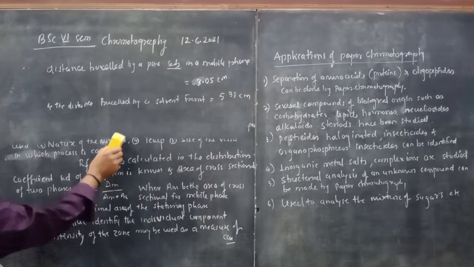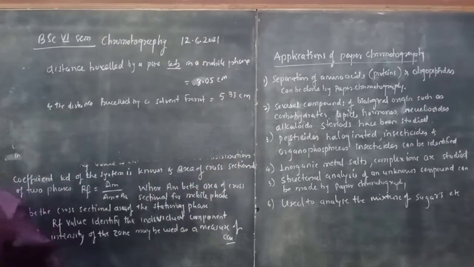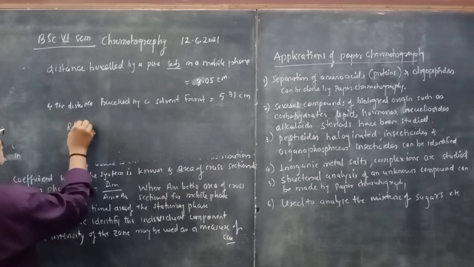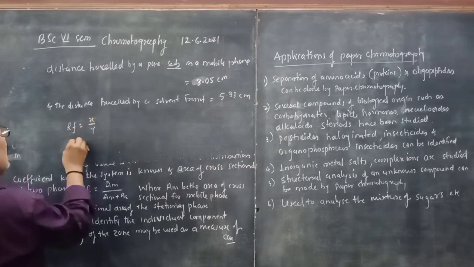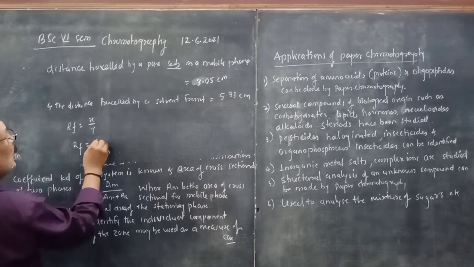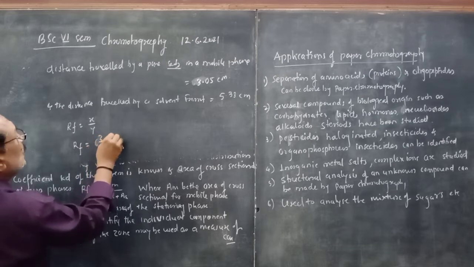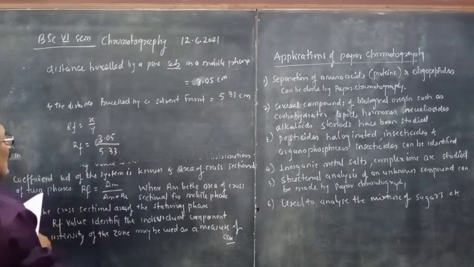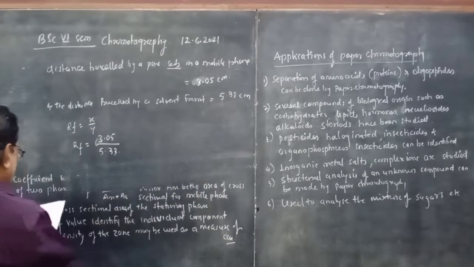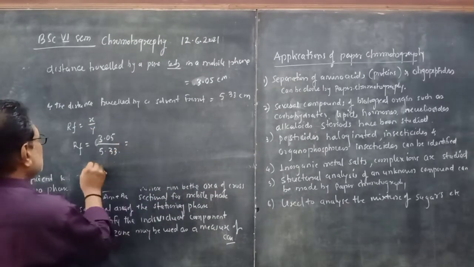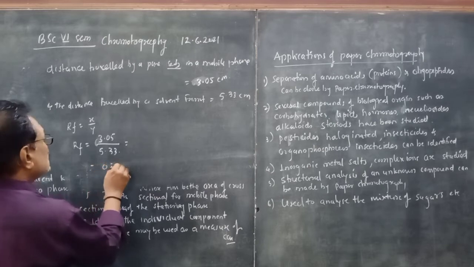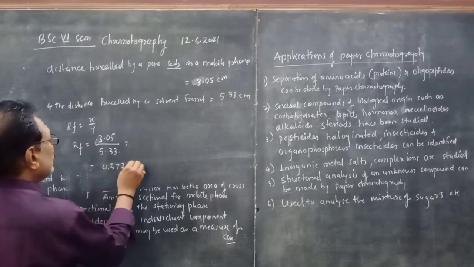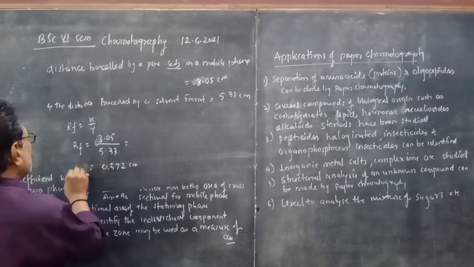If the values are known to you, then RF equals X upon Y, so RF equals 3.05 divided by 5.33, and that gives the value 0.572, which is the RF value.